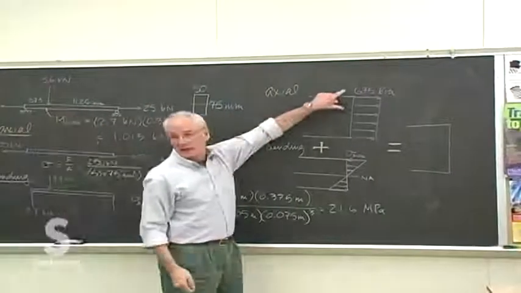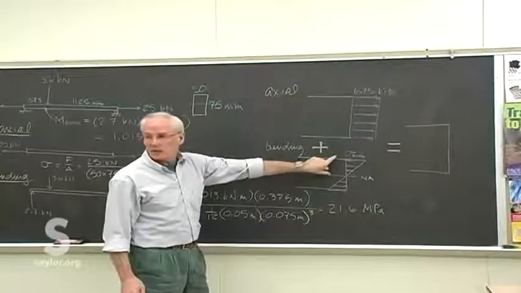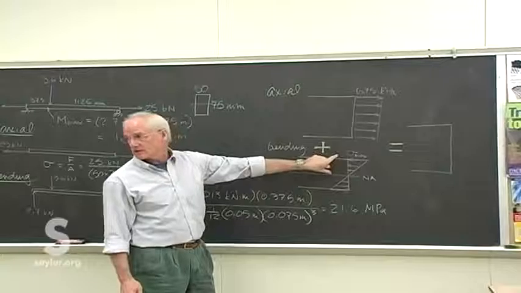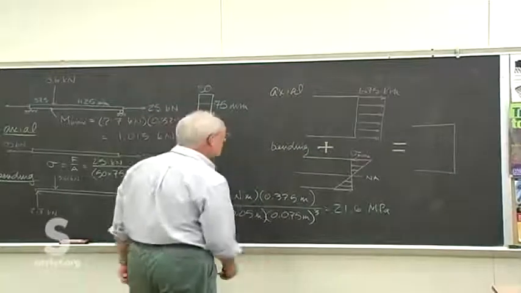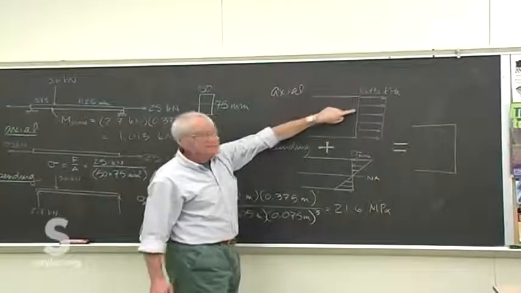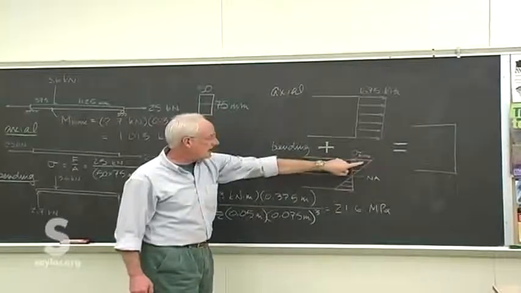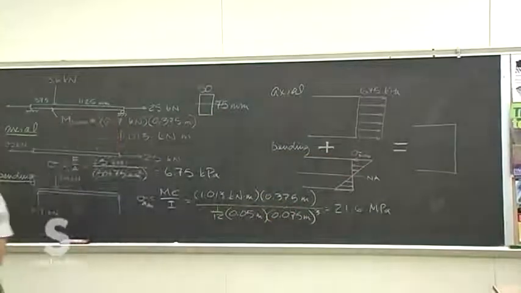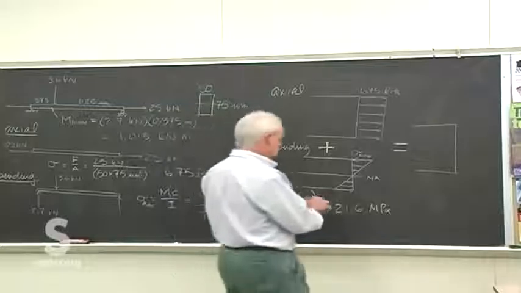On the top of the beam, we have tension stresses combining with compressing stresses, so they're going to cancel each other to some measure. We have 6.75 stress in tension, and subtracting from a maximum of 21.6, so it's going to look something like, well, I don't have that number.